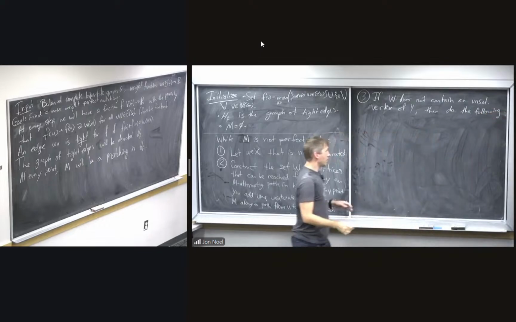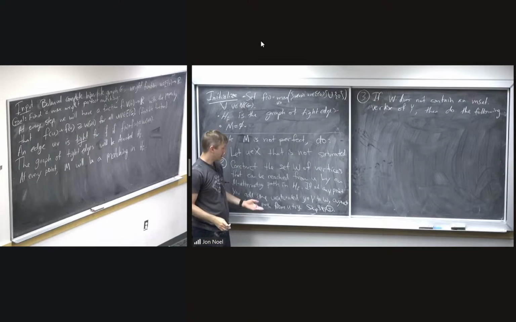So basically, I'm not going to be able to get my matching bigger at this point. What I want to do is take this feasible function and kind of push it downwards, like decrease the values somehow.